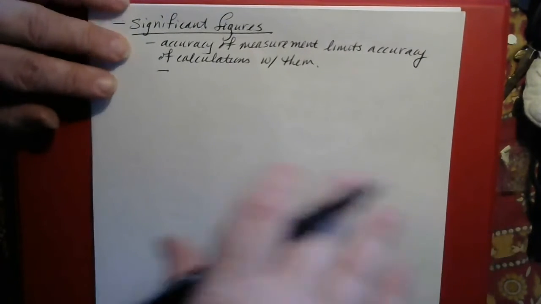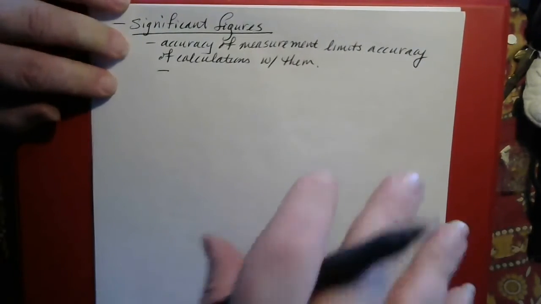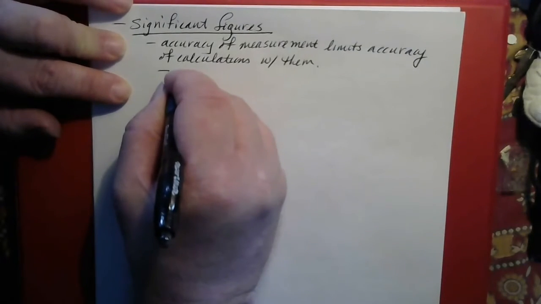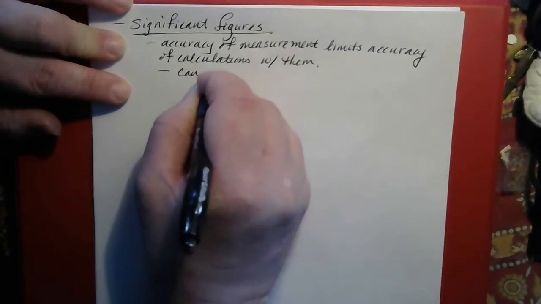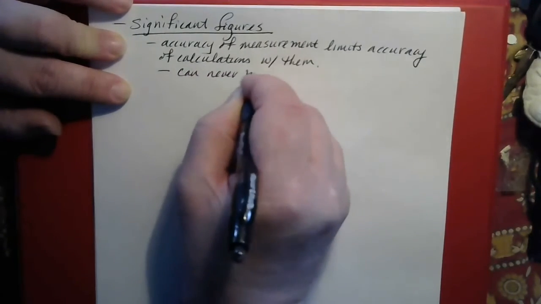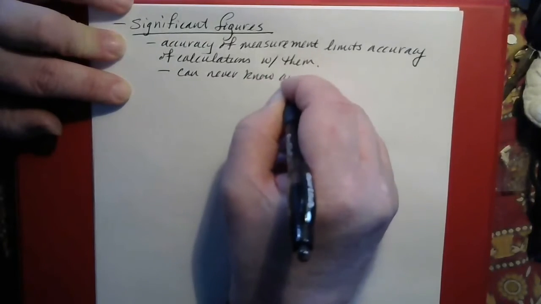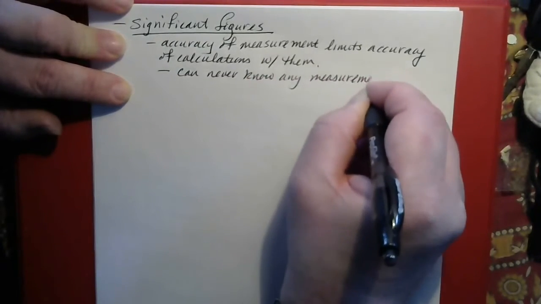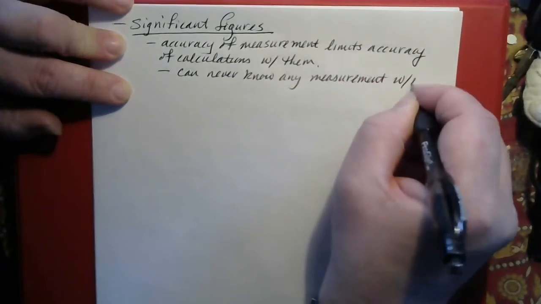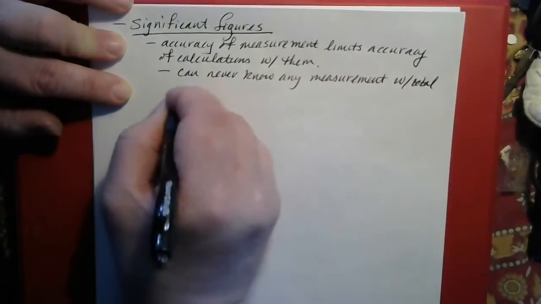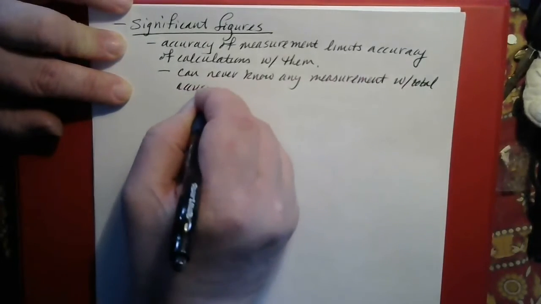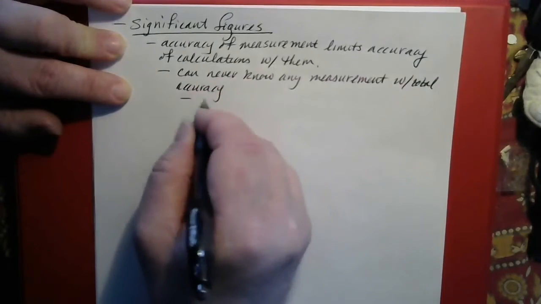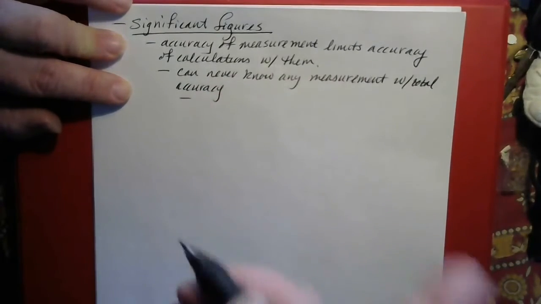But anyway, we can never know any measurement with total accuracy. In other words, there's always some uncertainty.